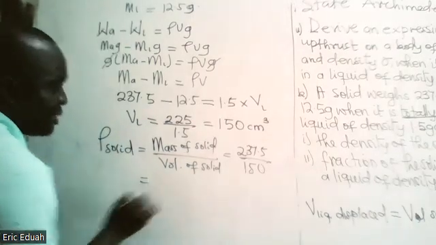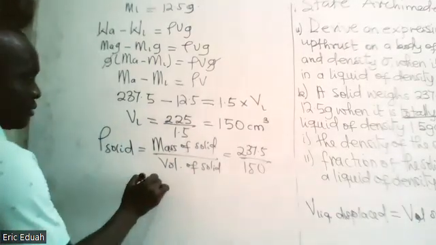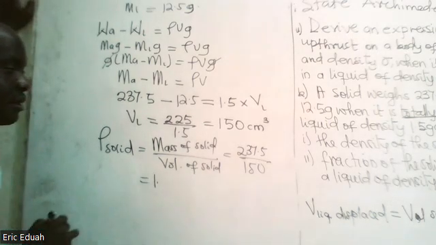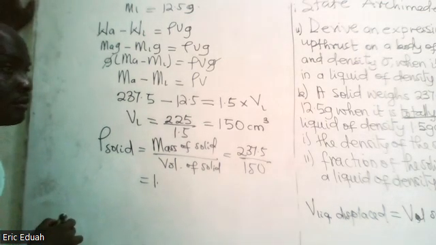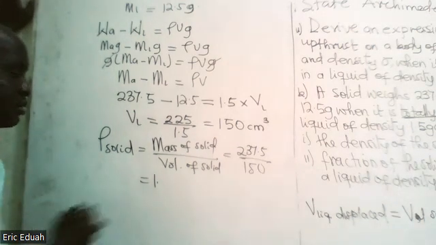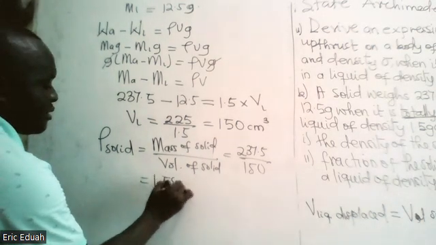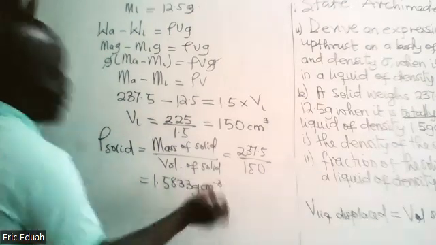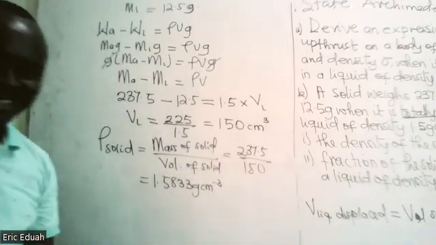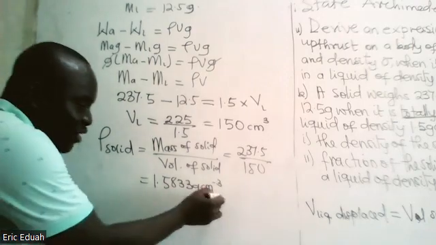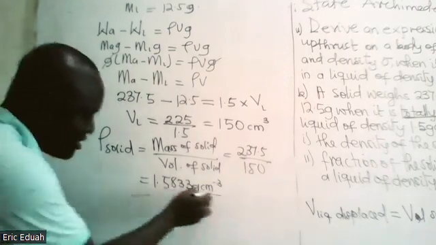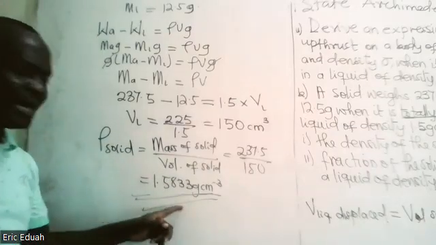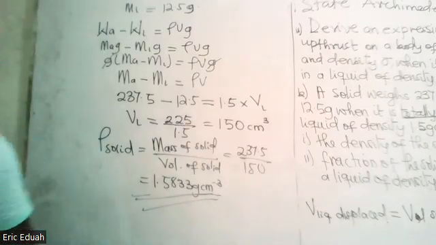And what would that be? 1.5833. Same as when we converted. So this is another way of doing the same thing. But this would have the density in gram per centimeter cube.